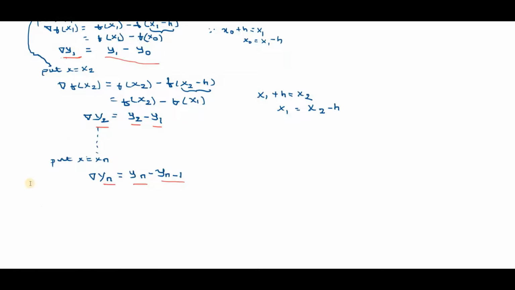Now, go for the second backward difference. Second backward difference is nothing but the difference of the first backward difference.